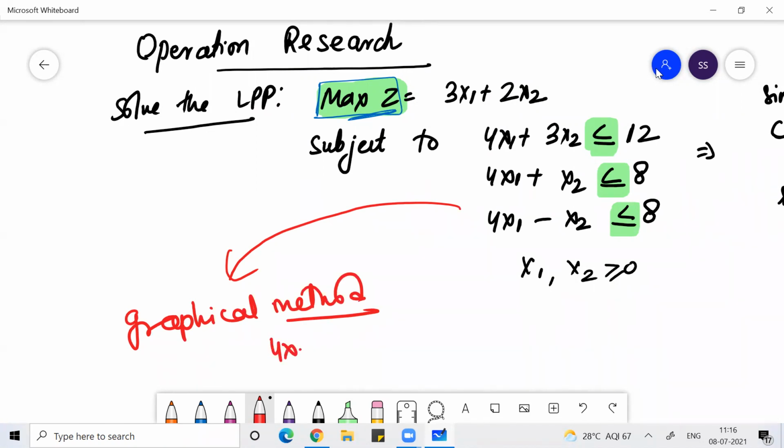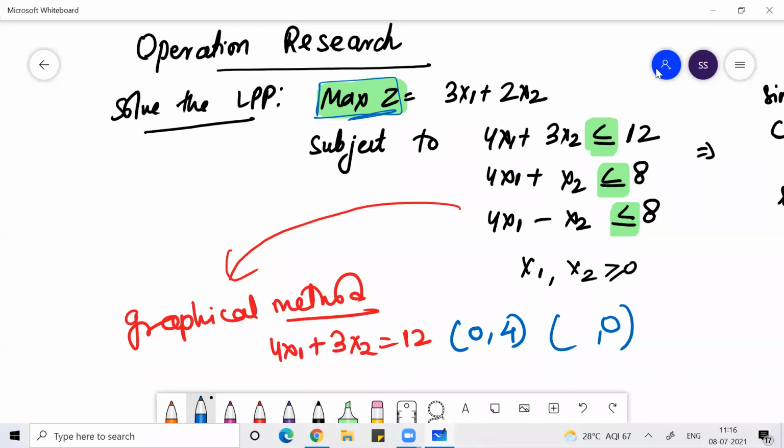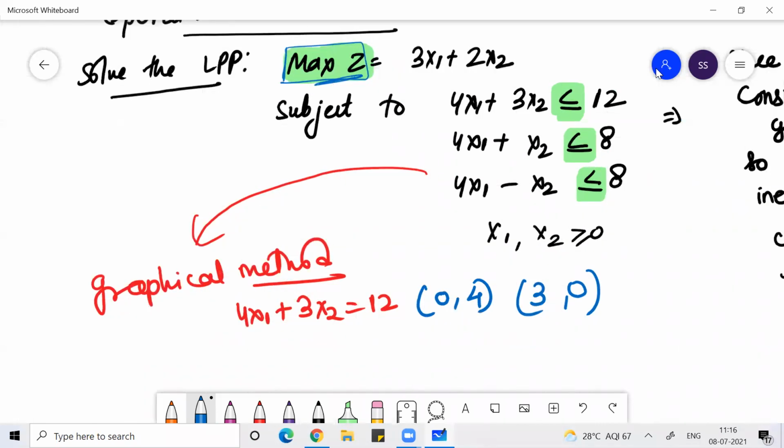So I'll write the first linear equation, 4x1 plus 3x2 equal to 12. If x1 is 0, then x2 will be equal to 4, and similarly, if x2 is 0, then x1 will be equal to 3. So I'll get the coordinates.